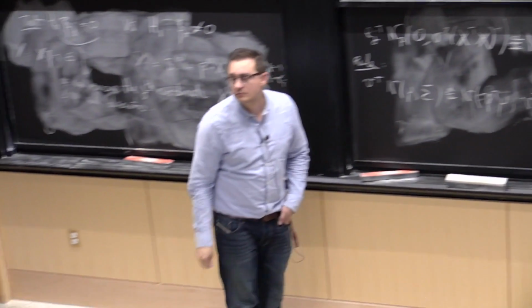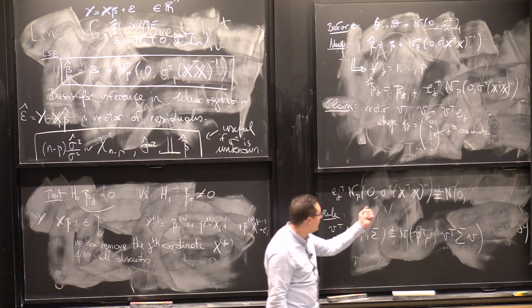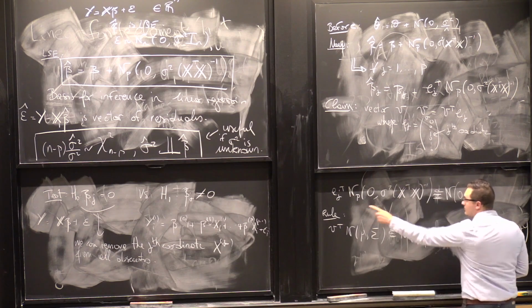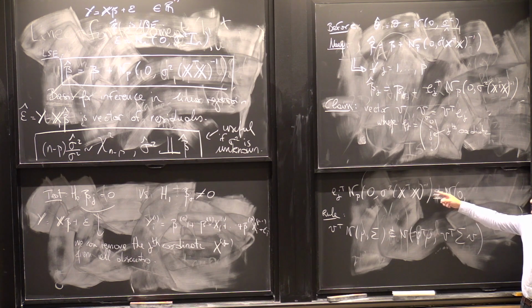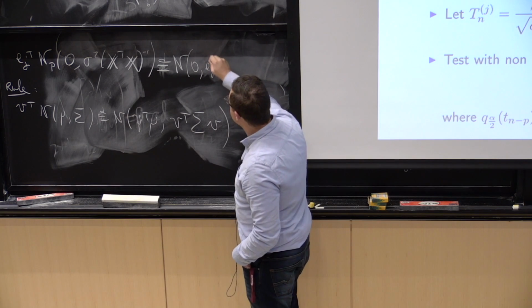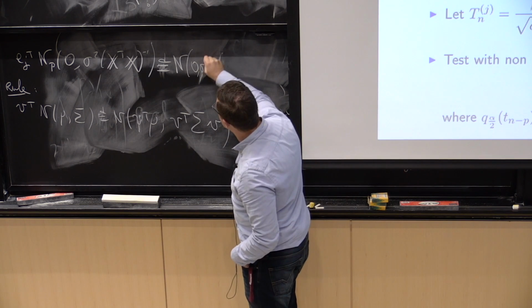That's the rule for Gaussian vectors. That's just a property of Gaussian vectors. So what do we have here? Well, ej plays the role of V, and sigma squared x transpose x inverse is the role of sigma. So here I'm left with ej transpose. Let me pull out the sigma squared here.